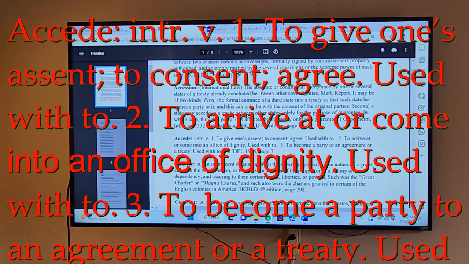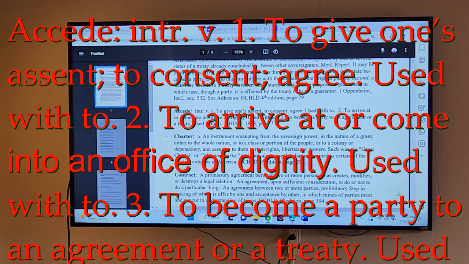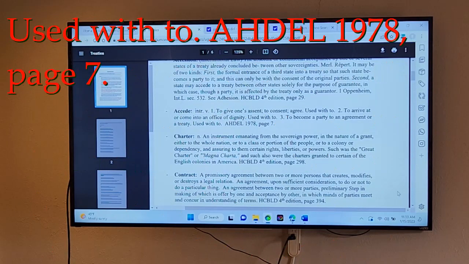Accede, Introduction, Volume 1. To give one's assent, to consent, agree, use with to; to arrive at or come into an office of dignity, use with to; to become a party to an agreement or a treaty, use with to. AHDEL 1978, page 7.